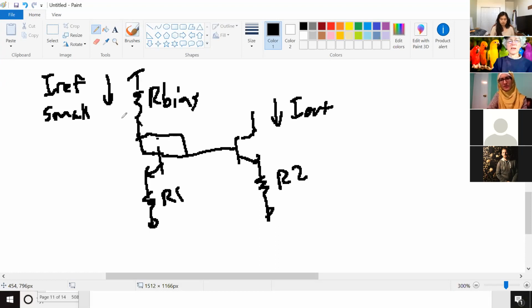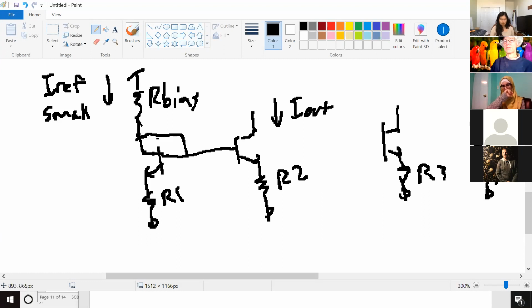So this biasing circuit over here can actually be used in a whole bunch of other circuits. You can use this biasing circuit, let's call it RB.